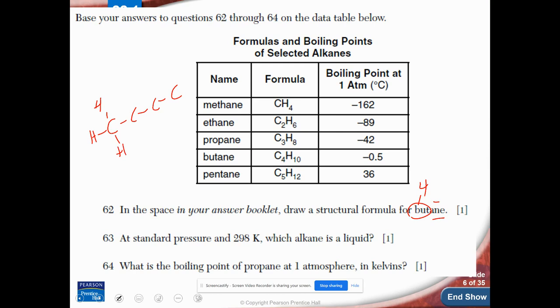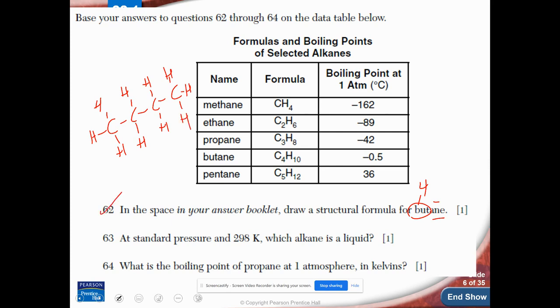Now this second carbon has 2 bonds. It needs 2 more, so hydrogens go there. And the third carbon has 2 bonds, so it needs 2 more bonds with hydrogens. And then this last carbon needs 3 bonds with hydrogens.